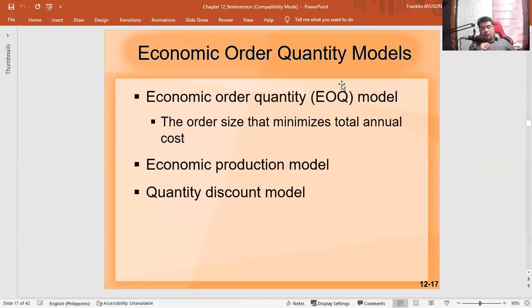On the concept of EOQ or economic order quantity, it is actually an operations management model in which the order size is determined to minimize the total cost. Meaning to say, kung ikaw si supermarket, gaano kadami yung i-order mo sa isang SKU, sa isang number of stocks mo, that will allow you to minimize your annual cost.